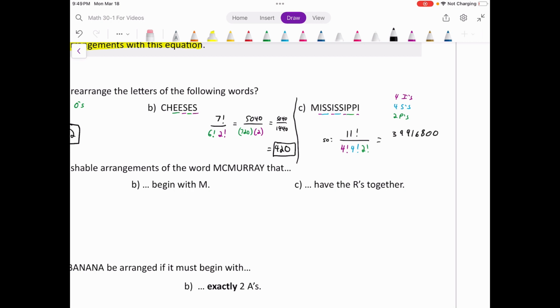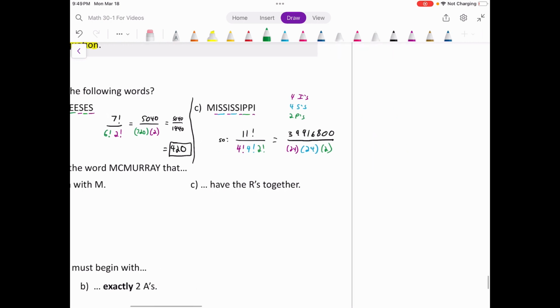39,916,800. 4 factorial is 24. 4 factorial is 24. And 2 factorial is 2. So divide that number by whatever you get in the denominator there, right? 24 times 24 times 2. It's 1,152.